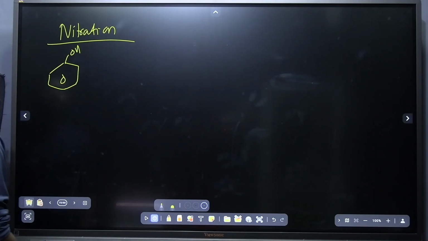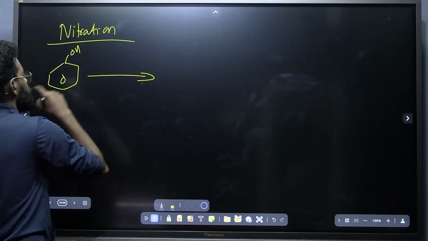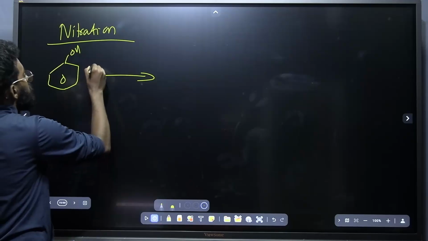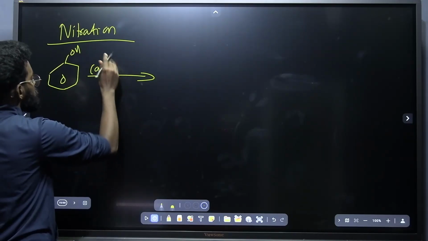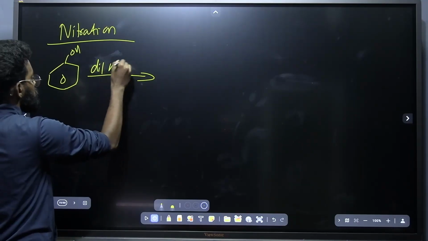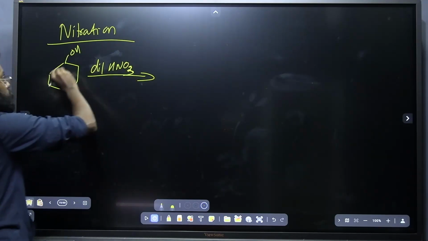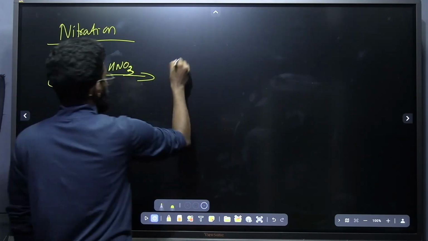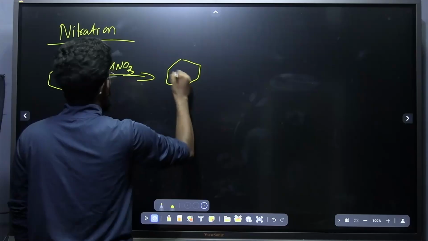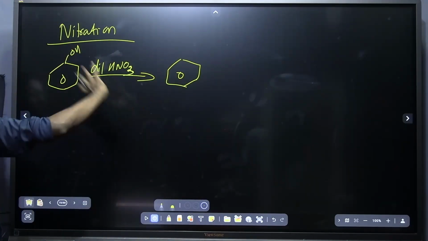Phenol is an activating group, and as it is an activating group, if I am treating phenol with dilute HNO3, not concentrated, I will be inserting an NO2 group into the phenol, and as it is an activating group, we will be getting ortho para product.